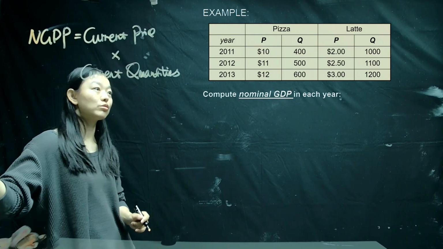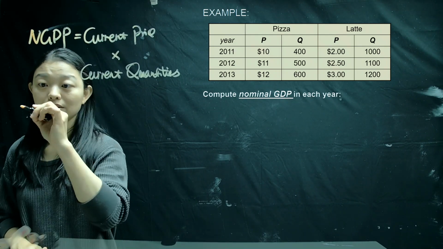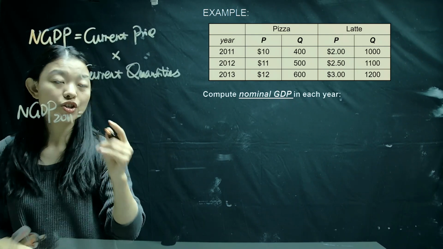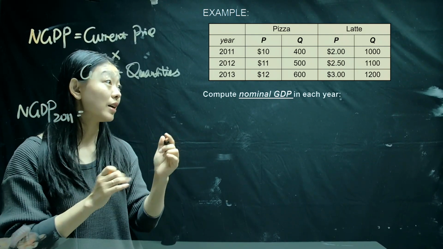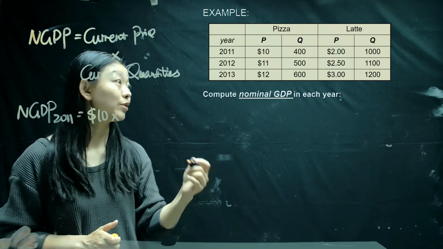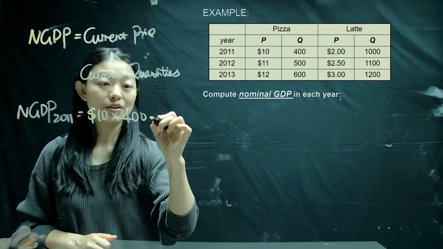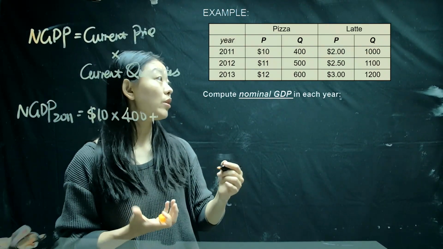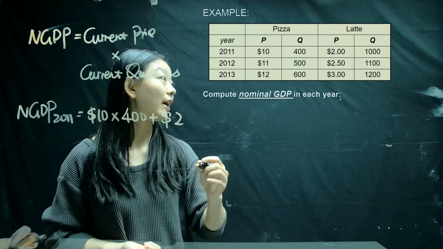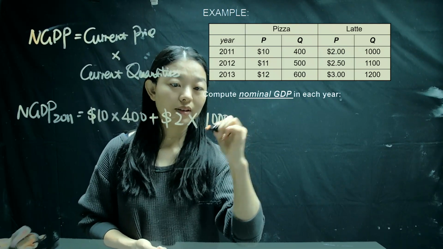Current price times current quantity. So how do we compute nominal GDP in 2011? Nominal GDP in 2011 just uses the current price for pizza, $10, times the quantity, 400, plus the current price for latte, $2, times the quantity, 1,000.